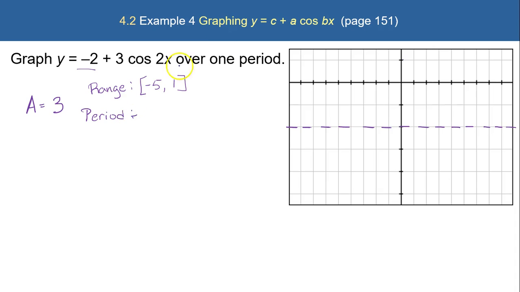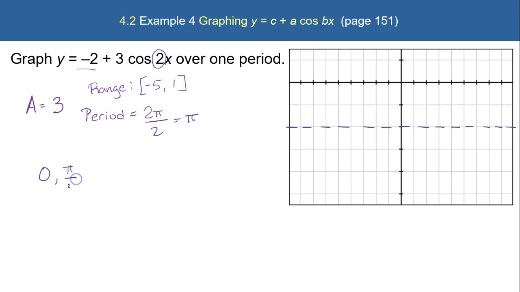So the period of our function will equal 2 pi over our value b, which is 2 here. So we get pi. All right, so our interval that we are going to be splitting is from 0 to pi.